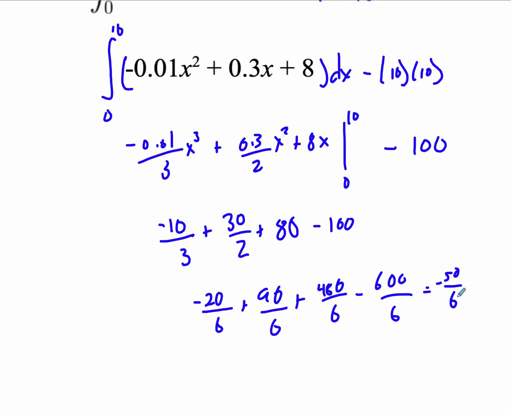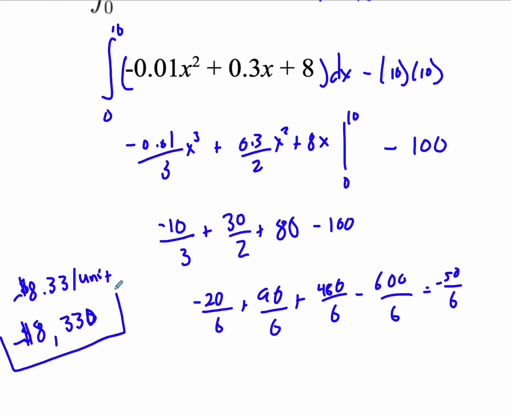That's approximately negative 8.33 per unit. I multiply that by 1,000, and I get a negative consumer surplus of 8,330.